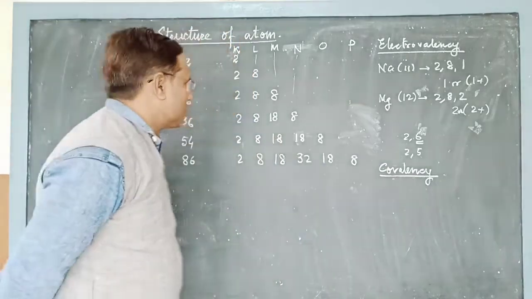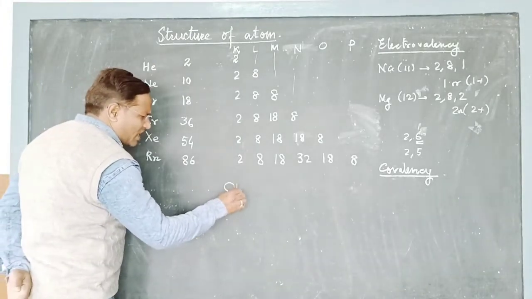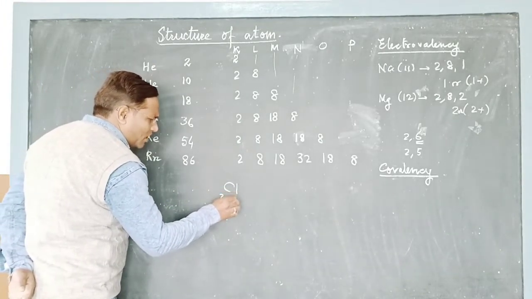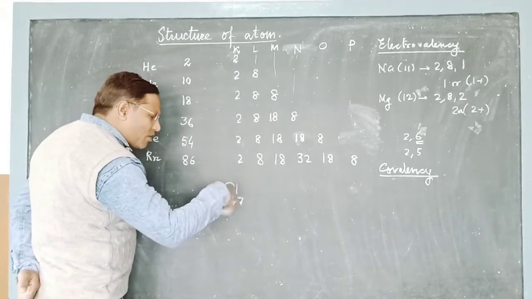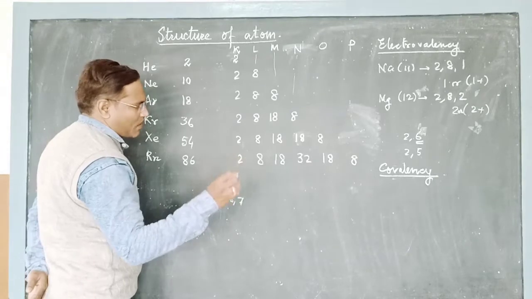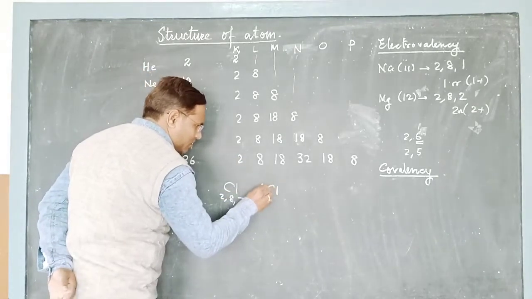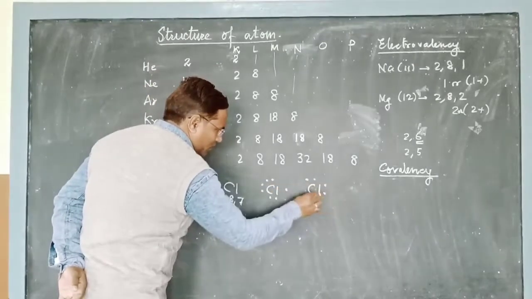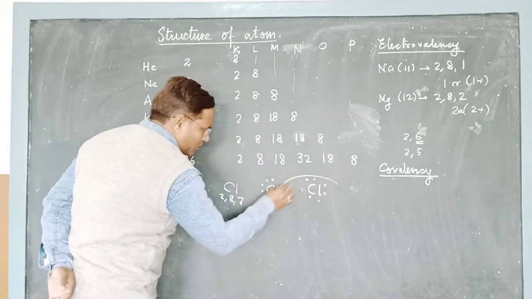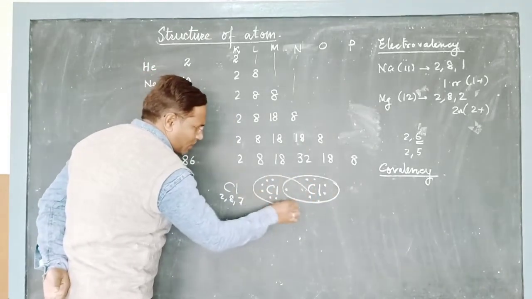For example, let us see the case of chlorine. Chlorine, what is the atomic number? 2, 8, 7. So if chlorine combines with chlorine, then it will share 1 pair of electrons. In this way you will study in upper class 10 about chlorine. It will share 1 electron with this other chlorine atom, and again it will share this 1 electron with this other.